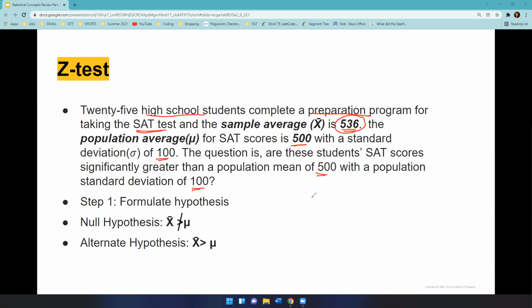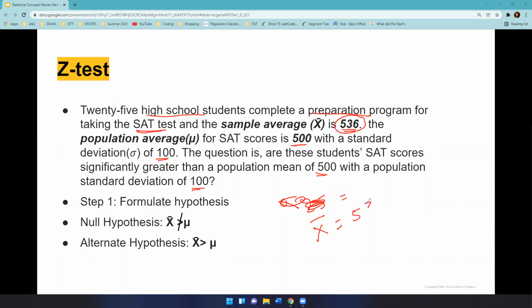So what does the question say? It says that there was a preparation program for SAT. From a school, 25 students were selected. They went through that preparation program, and then the average of those 25 students, let's use X bar. X bar denotes the sample mean.